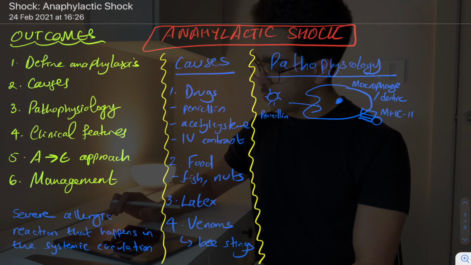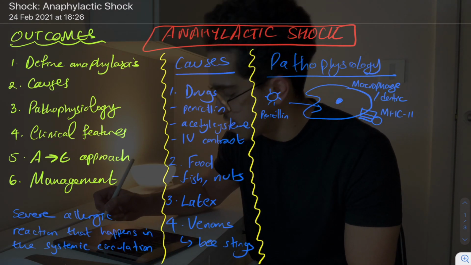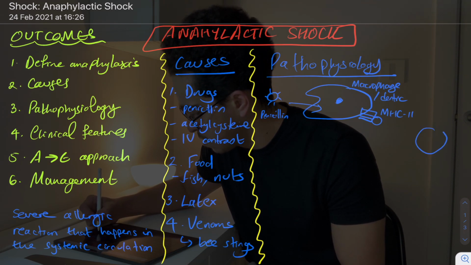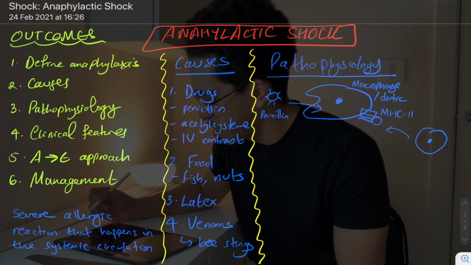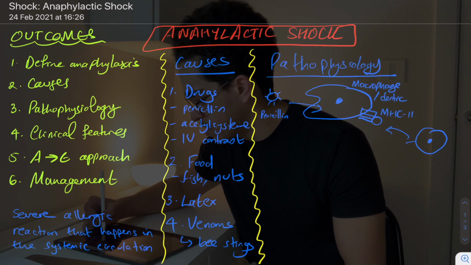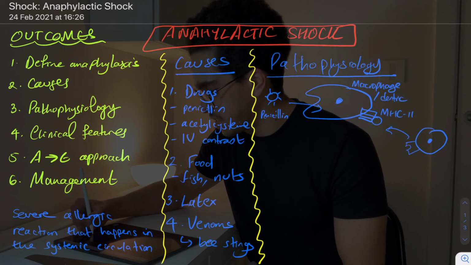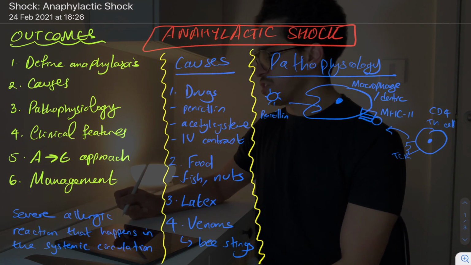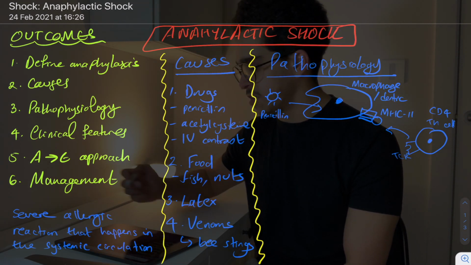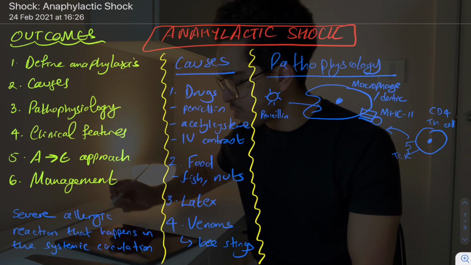And what's going to happen next? There's another type of immune cell that's going to come and bind to this MHC2 via its receptors. This is going to be a CD4 T helper cell. It has a T cell receptor, a TCR. It's going to go and bind to the MHC2. What's going to happen when the CD4 T cell binds to the MHC2?